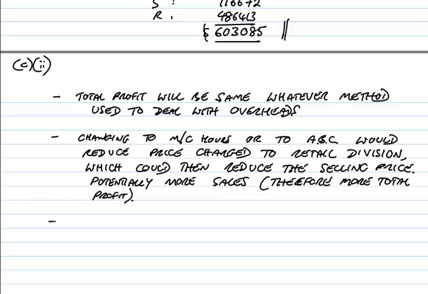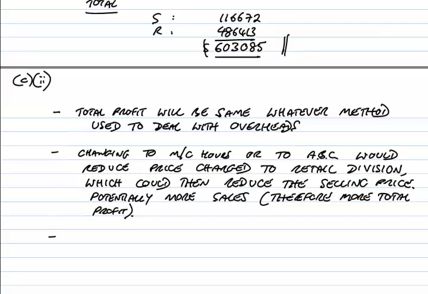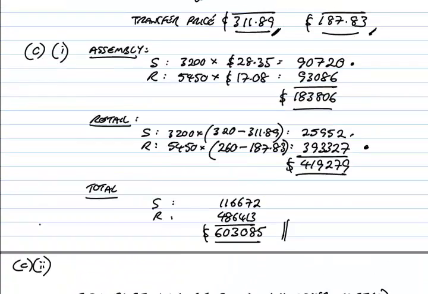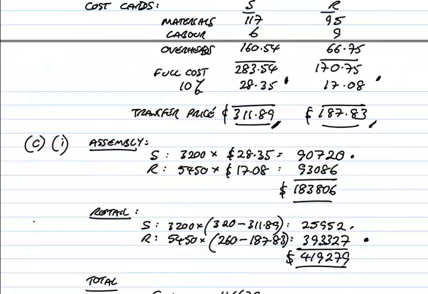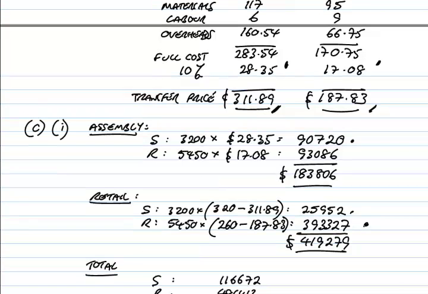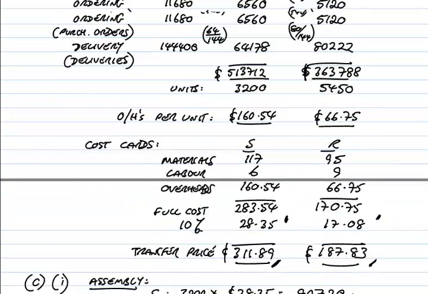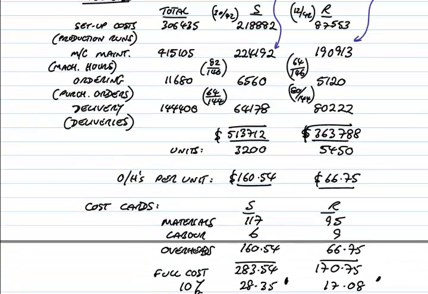And a small point that could be worth making is that if you compare the results from assembly, where the retail they've been making 393 profit at current transfer price, with using machine hours, there's not a massive difference. And the reason is that so much of the overheads are being dealt with on machine hours anyway, it's not making a huge difference.